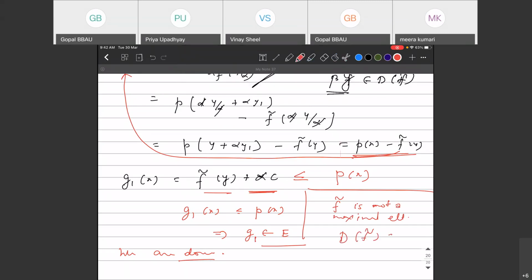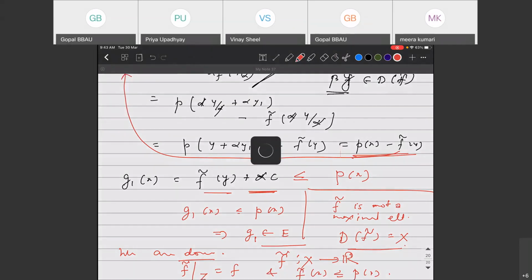Therefore, df tilde equals X. So we get an extension of f. This means f tilde is a linear functional from X to R, such that f tilde restricted to Z gives f, and f tilde x is less than P x, and the theorem is proved.